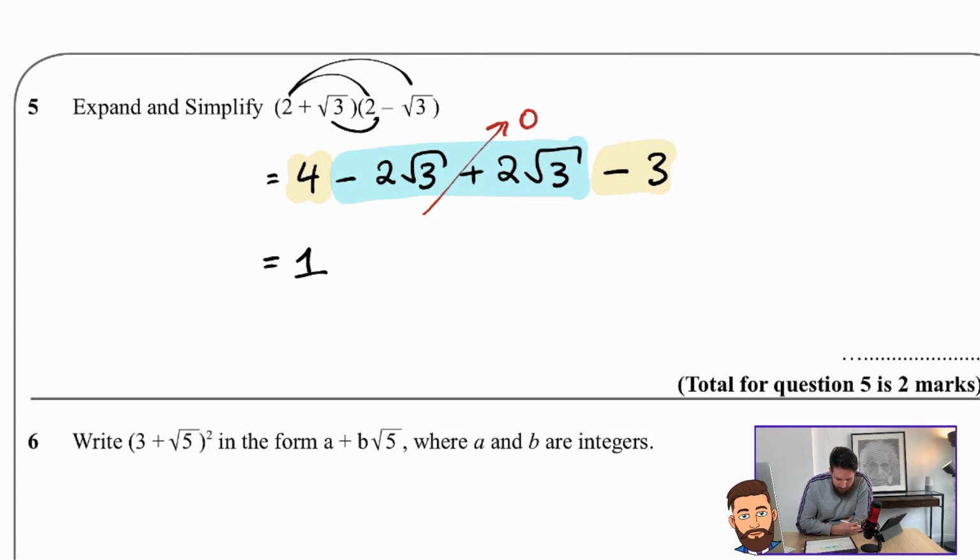And if you do minus 2 add 2, you get 0. So all we have to do is 4 take away 3, which is 1. So all of that horrible looking expanded double bracket actually just goes to 1. And if you don't believe me, put that in your scientific calculator, exactly the way it looks, press equals, and you will get 1.